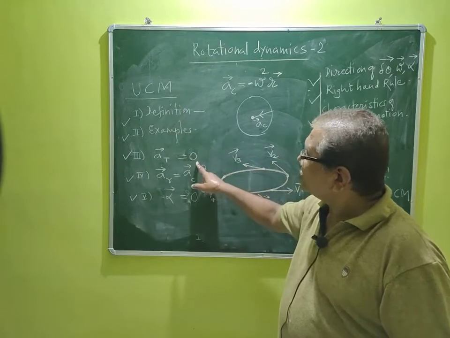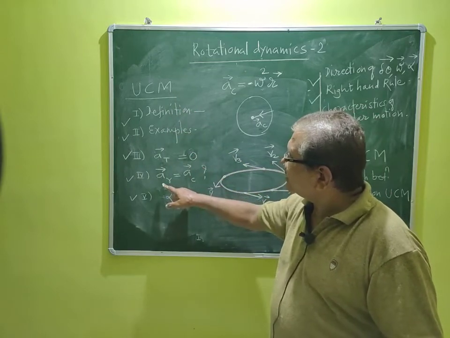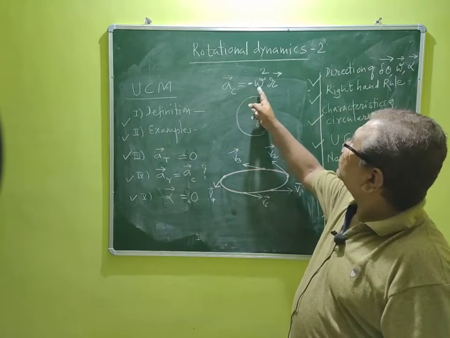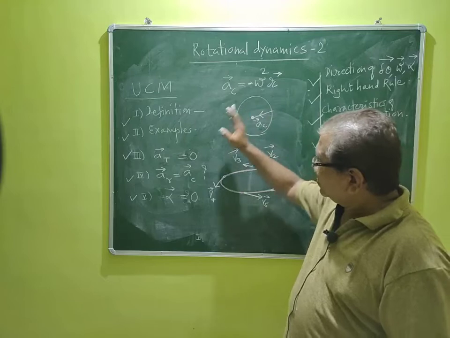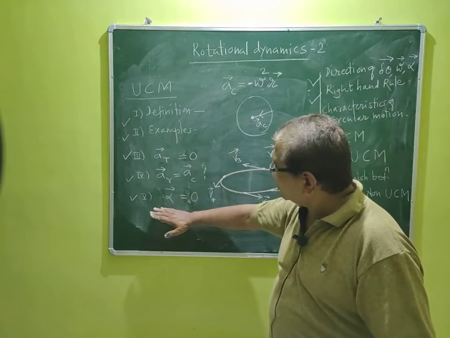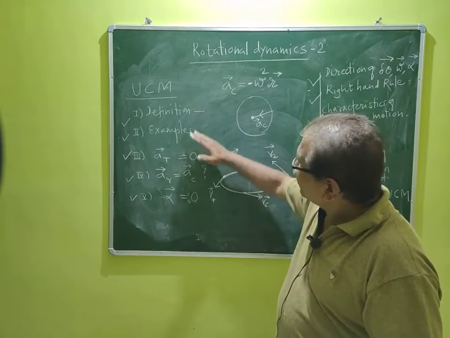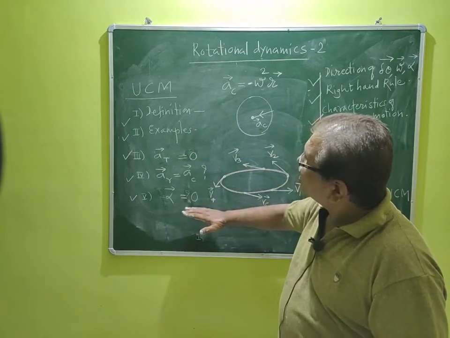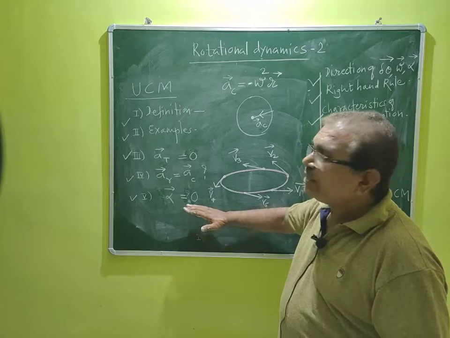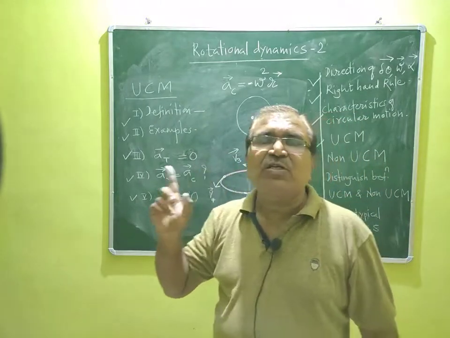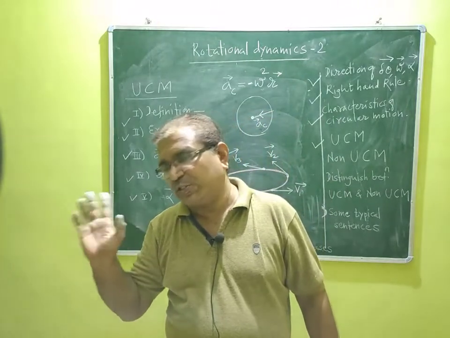It is equal to 0. What is radial or centripetal acceleration? It is equal to minus omega square r vector. What is angular acceleration alpha vector? That alpha vector is equal to 0. All these points are very useful to explain uniform circular motion.